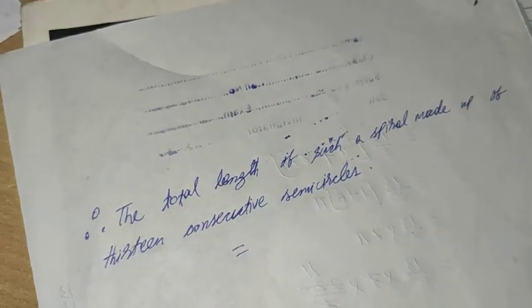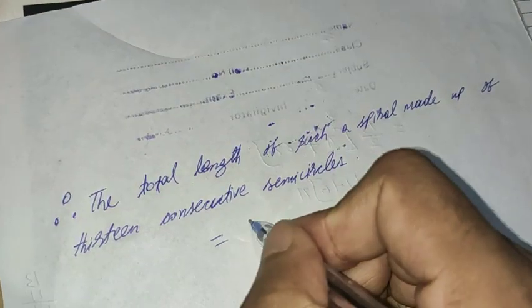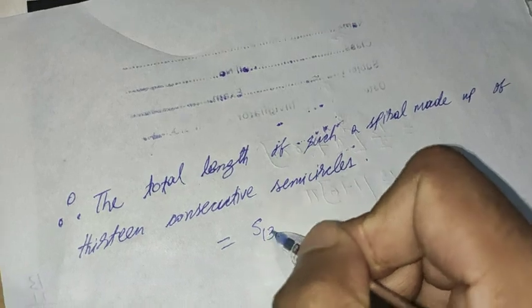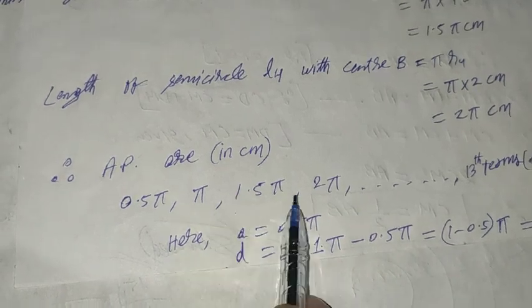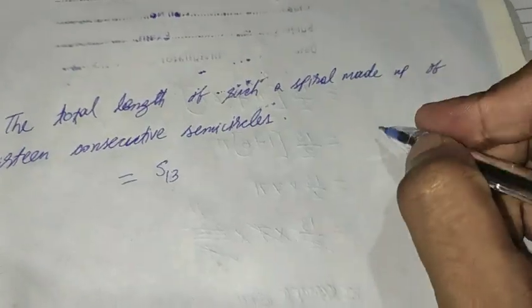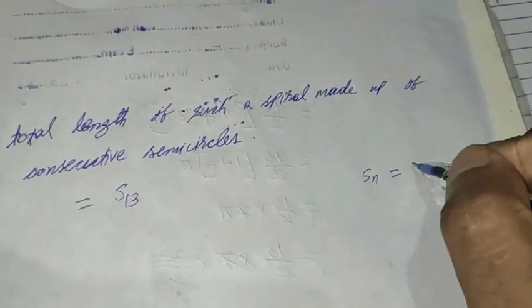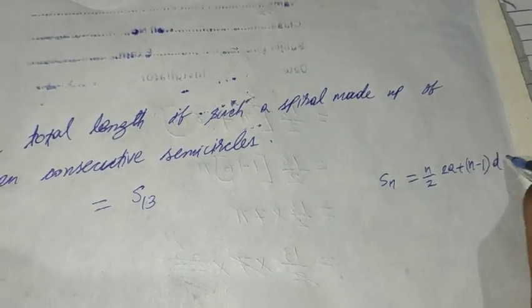It is L1 plus L2 plus L3 plus dot dot dot up to L13, that means it is S13, right? As you know, these form an AP because the common difference of each successive term is the same, 0.5 pi. So for S13 we will use the formula Sn is equal to n by 2 into 2a plus n minus 1 into d.